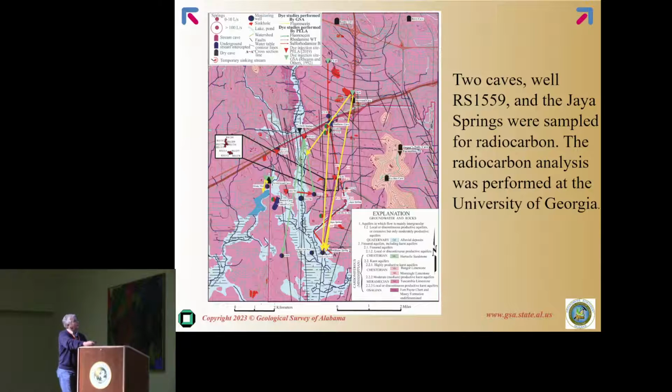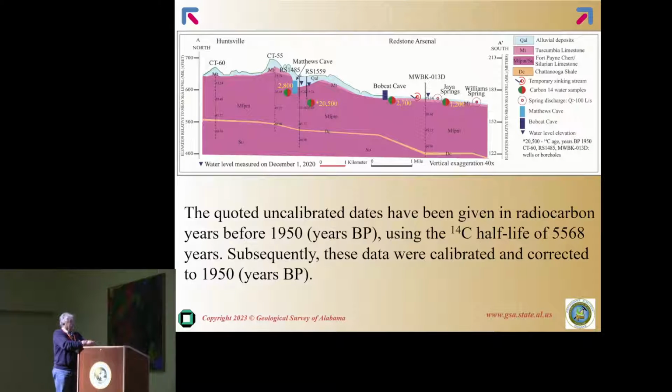Now, another item we did at the site: the two caves, one well, and Yaya Spring were sampled for radiocarbon. The radiocarbon analysis was performed at the University of Georgia, and those are the locations. The quoted uncalibrated dates have been given in radiocarbon years before 1950, using the carbon-14 half-life of 5,568 years.